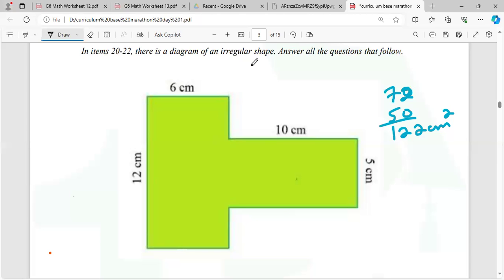So the new side for the top side, with the 6 centimeters, would be 16, and the other side with the 5 centimeters would be 12. You basically draw it into a big rectangle. Yes, sir. That's what I mean.